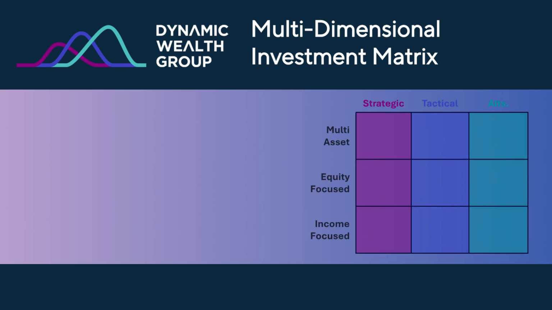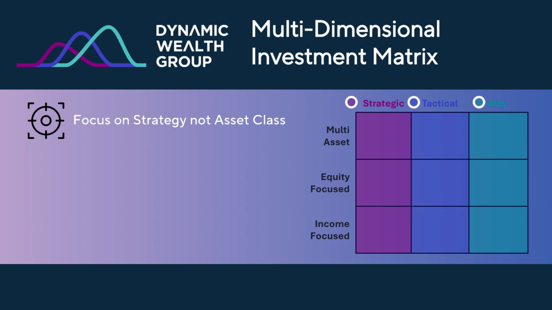Our multidimensional investment matrix goes beyond asset classes, diversifying by strategy, approach, and discipline. It's built on the fusion of passive, tactical, and alternative strategies, implemented utilizing fundamental, quantitative, and technical analysis. You see, the goal isn't to predict the future.